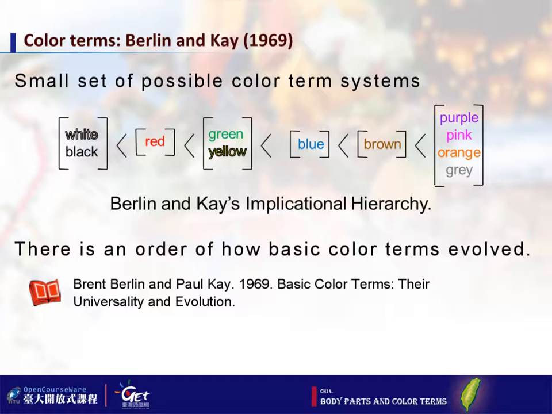If the language has 2 terms, you would have black and white, and the 3rd term will be red, and the 4th one will be choosing between green and yellow, and then the next one will be blue, and the next one brown, and after that you have purple, pink, orange, and gray. These are considered derived color terms. So in their study, there are 2 assumptions: that there's a small set of possible color term systems, and that there's an order of how basic color terms evolve.